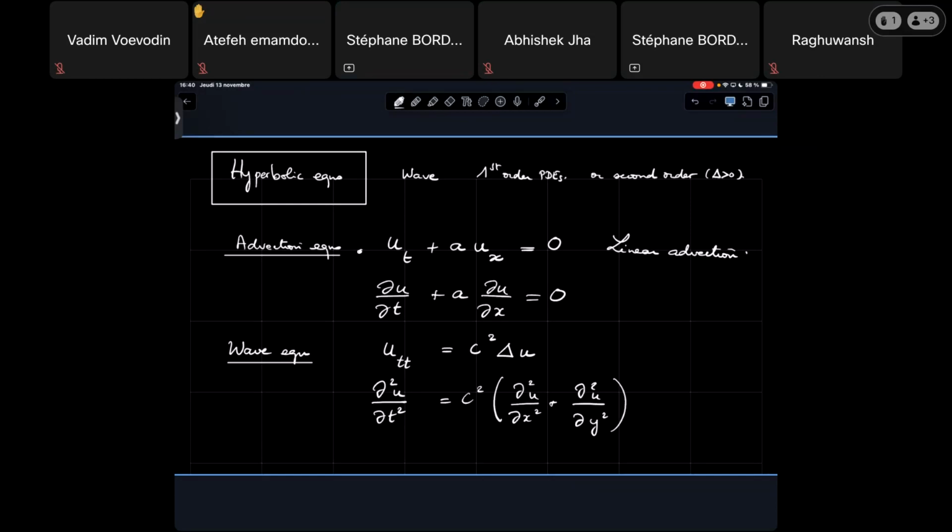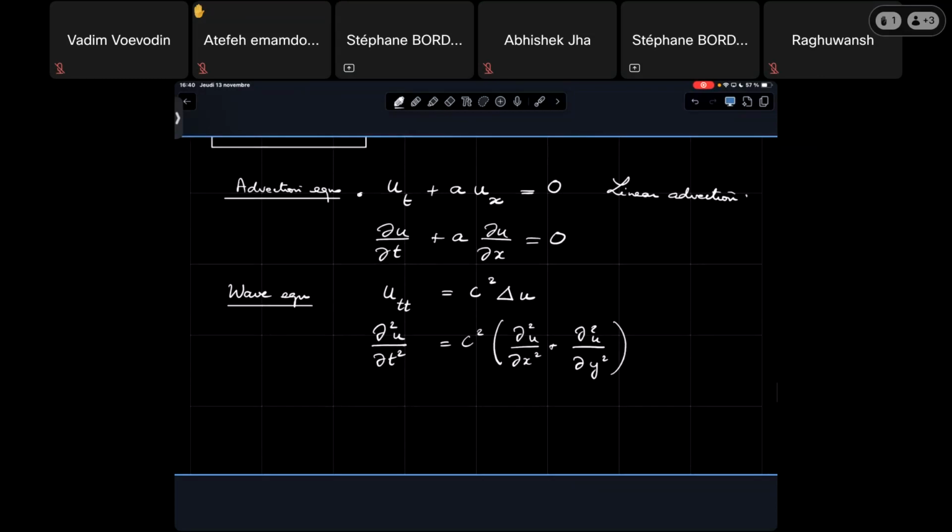So those two are exactly the same, just rewritten differently. And then this c here is a parameter which is the wave speed, and that clearly gives you the velocity at which the wave is going to propagate. And that's related to these characteristics that I talked about earlier.